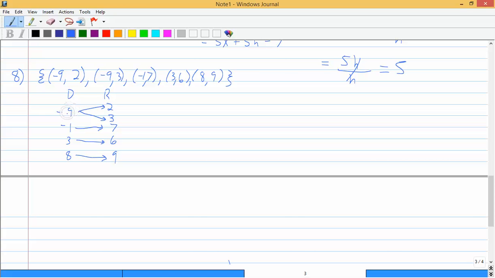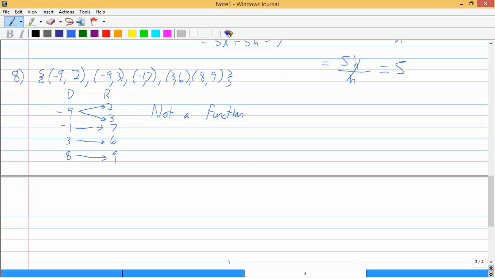Now, we have one x value that goes to 2 different y values, or one element of the domain goes to 2 elements of the range. So that's not a function. If each x went to exactly 1 y, then it would have been a function, but it wasn't.